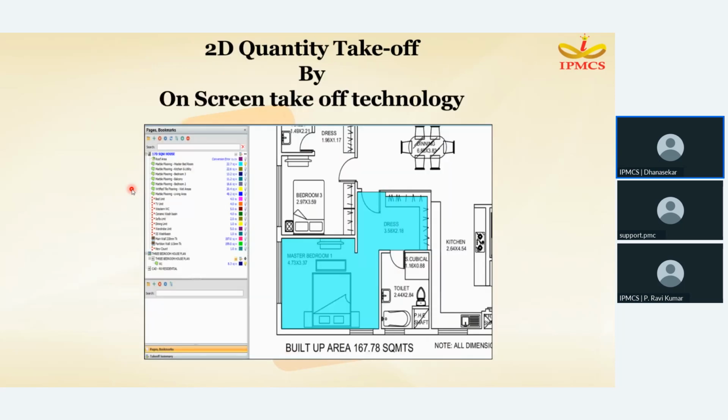So the technology is on-screen takeoff technology. With PlanSwift, there is no need for paper, rulers, and highlighters. You can just point and click with your mouse to calculate the square footage, linear footage, or item counts. PlanSwift can also calculate curves like arcs and cutouts such as windows or stairs.